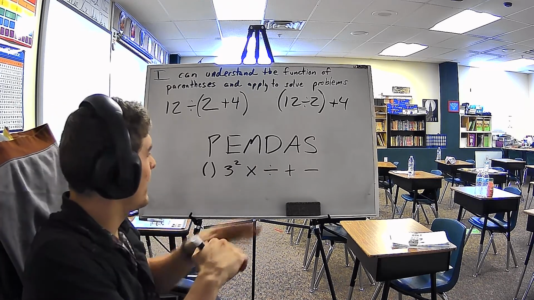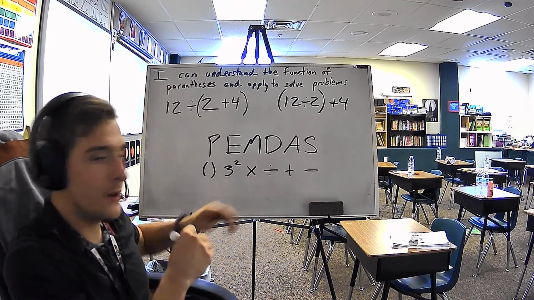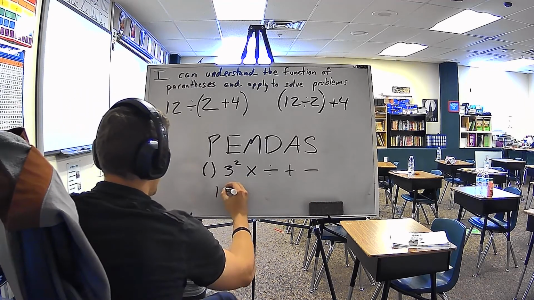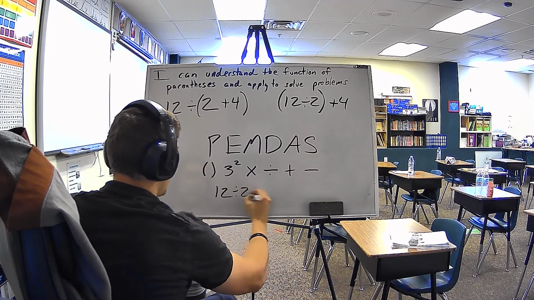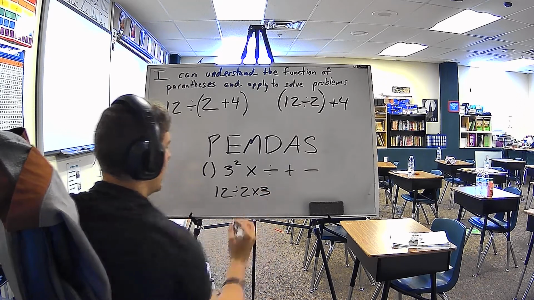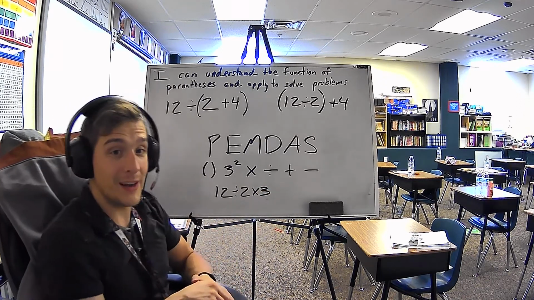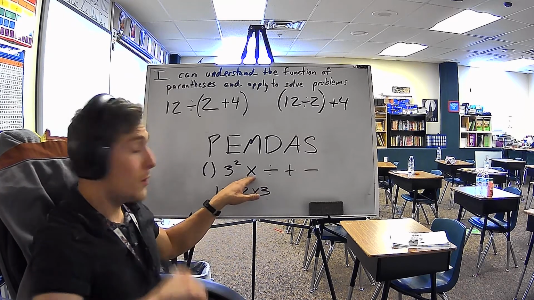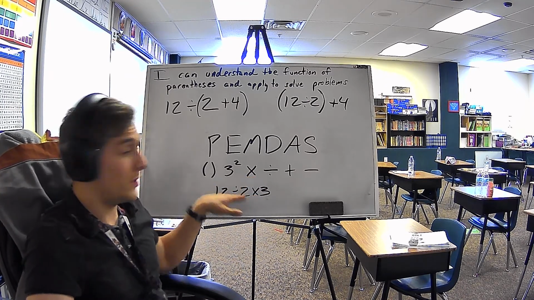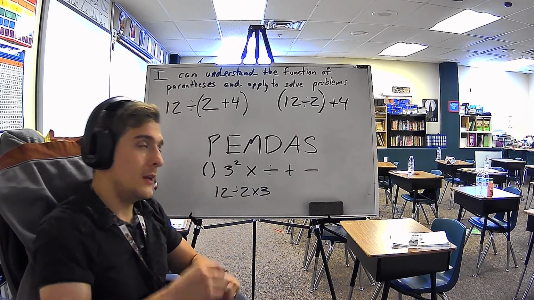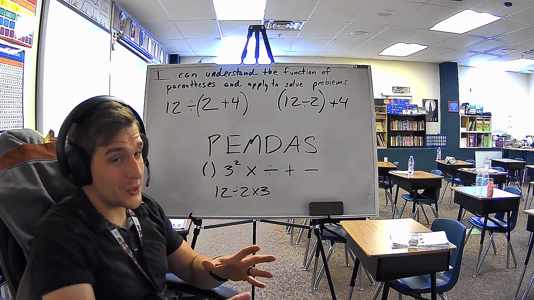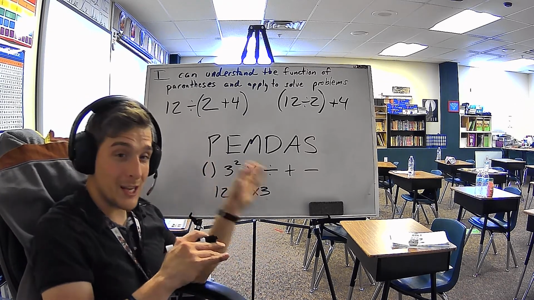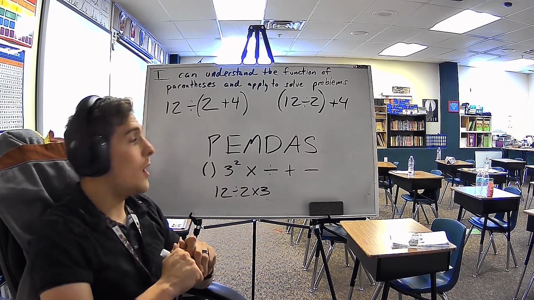It's that if you had a problem that had, let's say, 12 divided by 2 times 3, going off of this, you might go, well, multiplication is put down first, so you do the 2 times 3. Not entirely true on that one. So this is one aspect of this that is wrong.